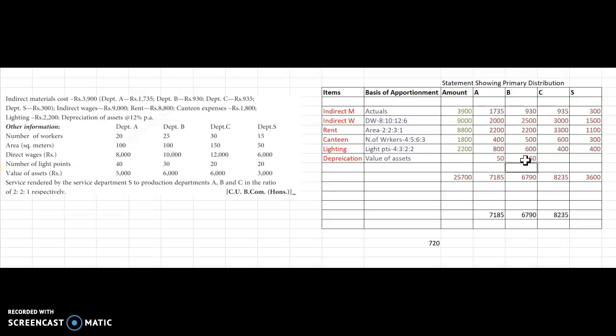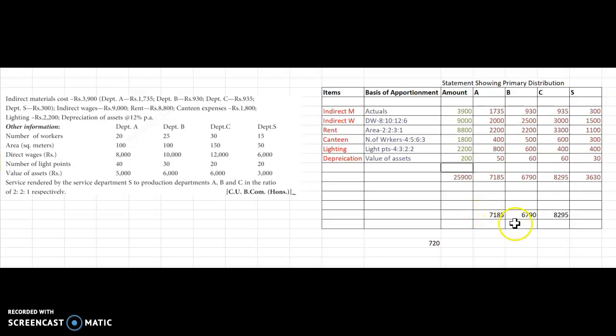Same for department C, and S would be basically half of department B and C, so we can just put that as 30. As per the primary distribution, if we calculate this, this is 80 and 120, so that's 200 with depreciation.